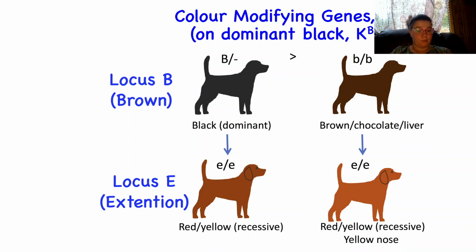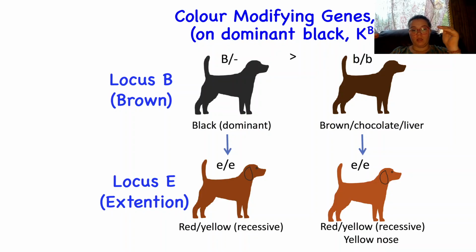It is recessive, so you can have a big E, and then you're just black. You just stay black if you've got big E's. If you've got little e's, you turn red or yellow. If you've got little e's and you're brown, you're red or yellow with a yellow nose. So you just get lighter with this extension.